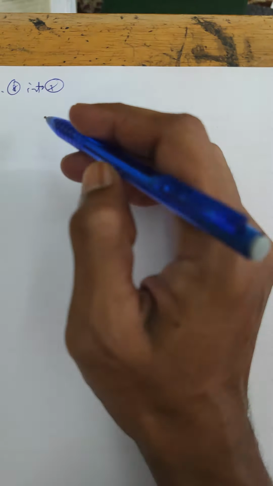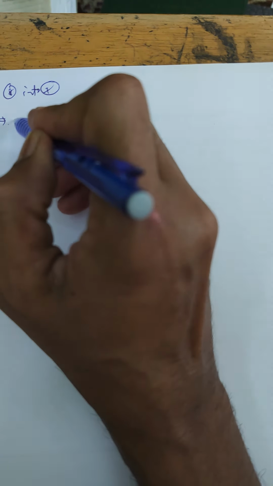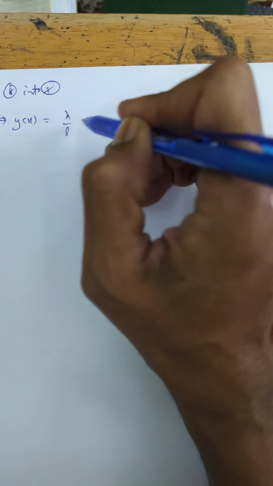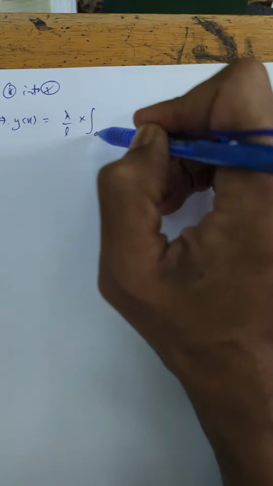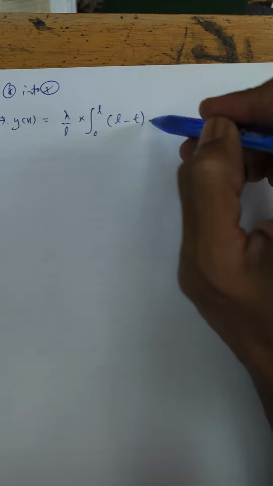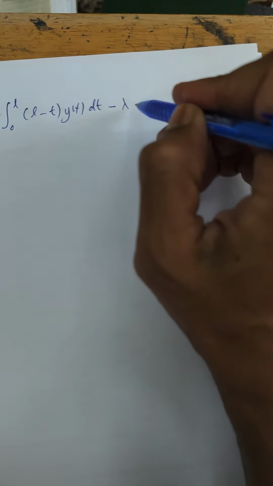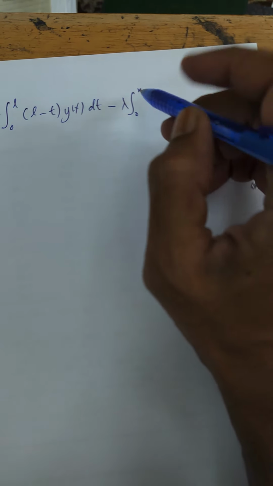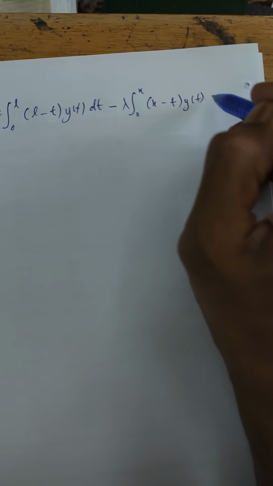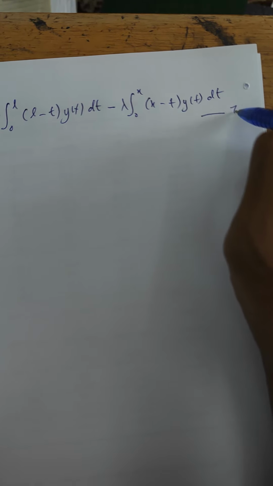So we have y(x) is equal to lambda over L, x integrate 0 to L, (L minus t) y(t) dt, minus lambda integrate 0 to x, (x minus t) y(t) dt. Okay, let's call this equation number 9.